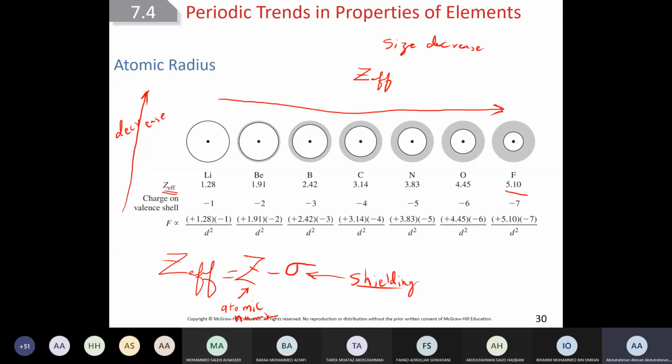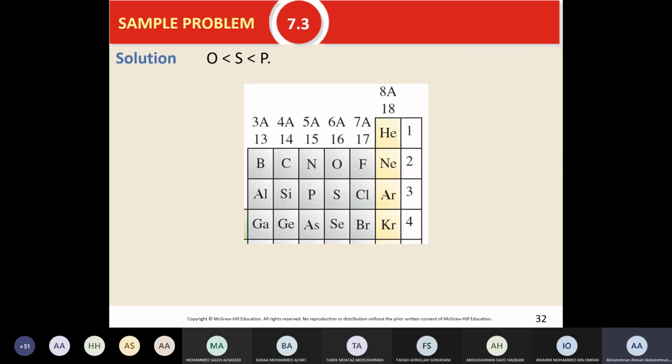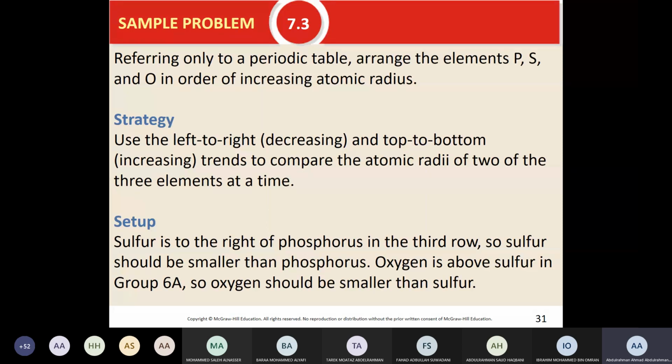So that's why we said that we have this question: if you have P, S, and O, they're in this order in the periodic table. Which one is the smallest? As you go up, what happens to the size? Decrease. And as you go across, what happens to the size? Decrease.